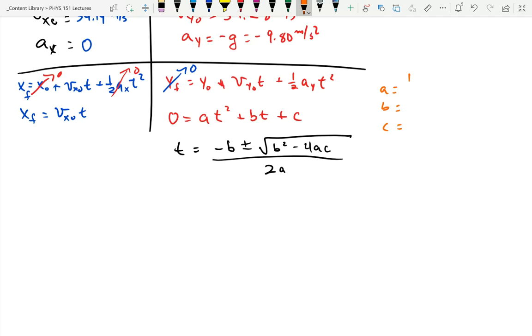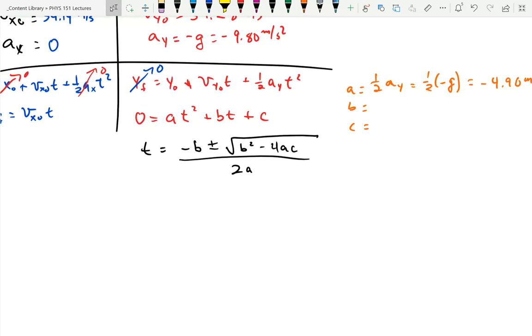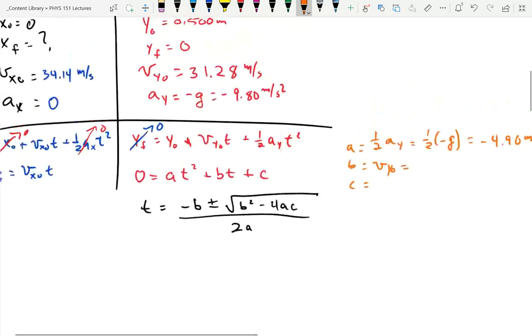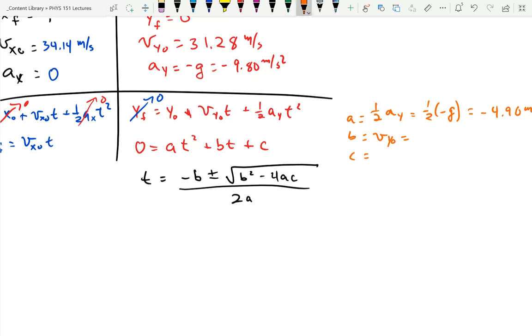Okay, that is correct. 1/2 ay, which is 1/2 of minus g, or minus 4.90 meters per second squared. What about b? It's Vy initial, which is 31.2. I was scrolling, forgetting it's right there. And what about c?